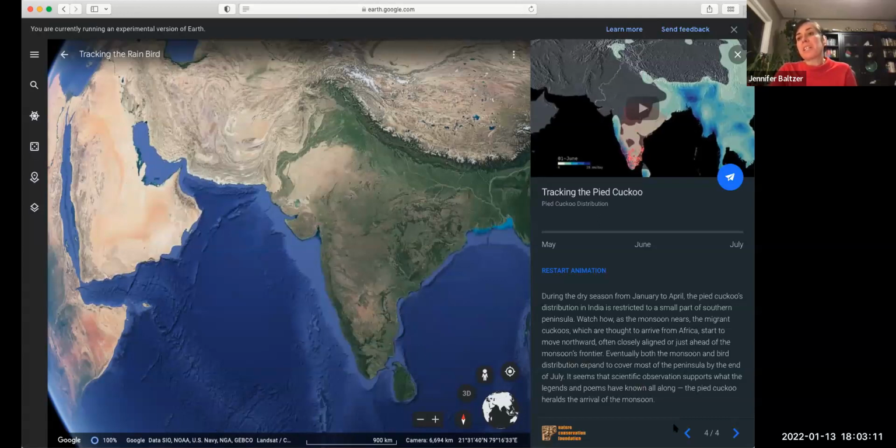So I just wanted to give this example of some of the really neat things you can look at in Google Earth. You can also zoom into any system and take a look at what the structure of the canopy looks like. There's all kinds of amazing information about conservation initiatives happening in different areas, and wildlife and their response to different conditions, like we saw with the Pied Cuckoo.